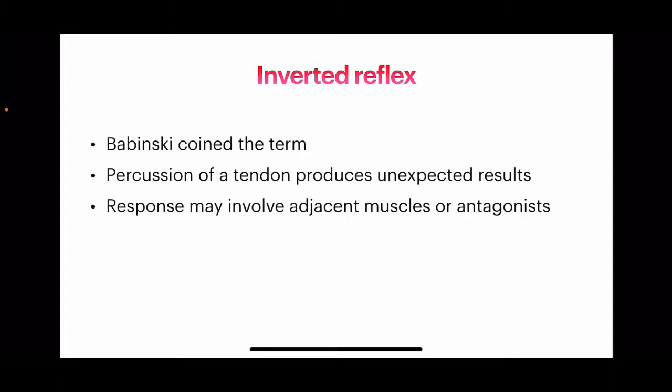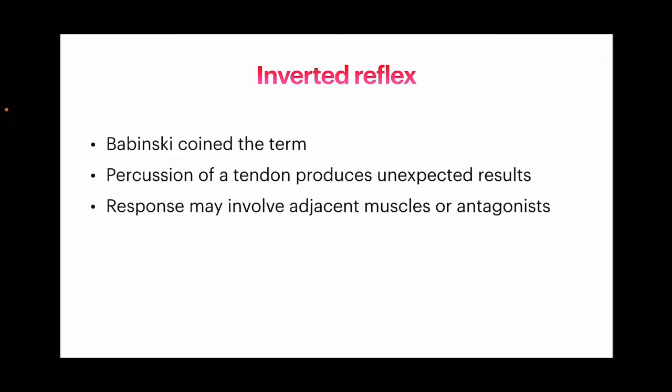Now coming to a very important topic, that is the inversion of reflexes. This term was coined by Babinski. We all know Babinski for his plantar response. So what happens in inversion of reflex, for example, if you take the biceps reflex, what happens when you tap on the biceps tendon? It is going to cause flexion of the elbow.